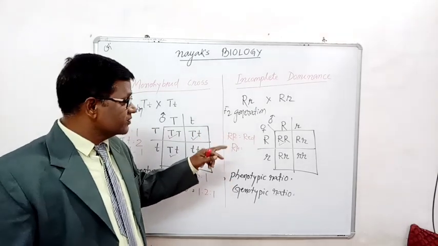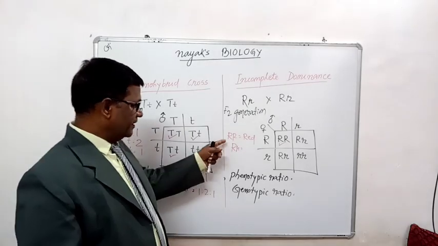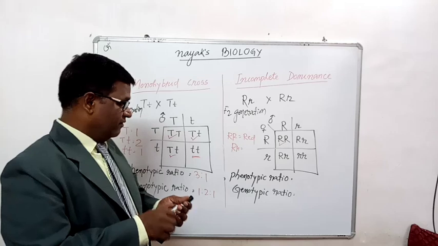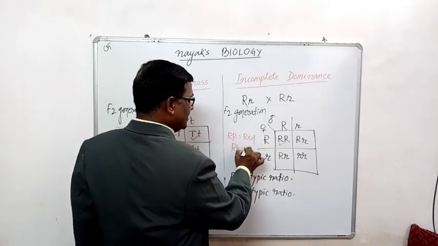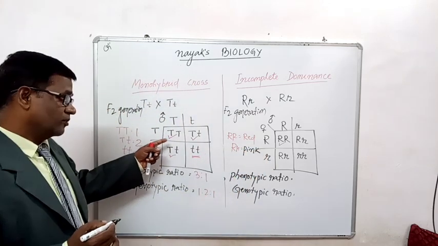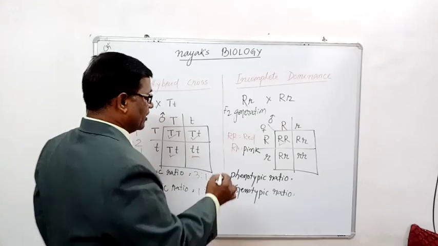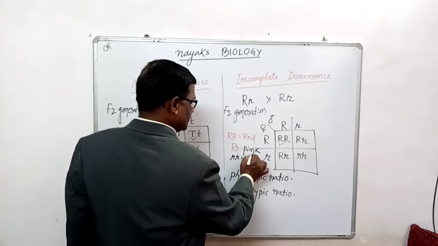Phenotypic ratio is the physical appearance. In incomplete dominance, capital R becomes red, whereas capital R, small r becomes not red, it becomes pink, because here the capital R is not dominant. Now the small r becomes white.